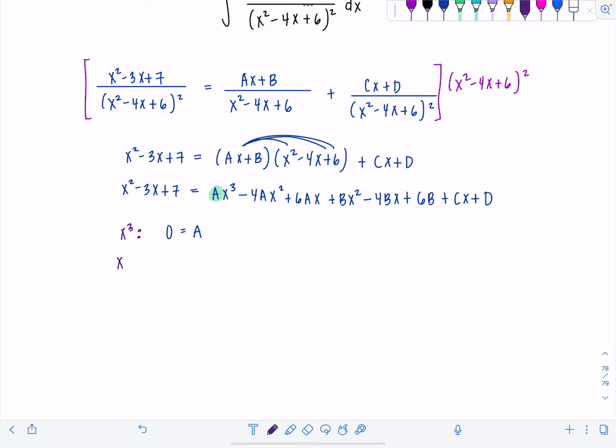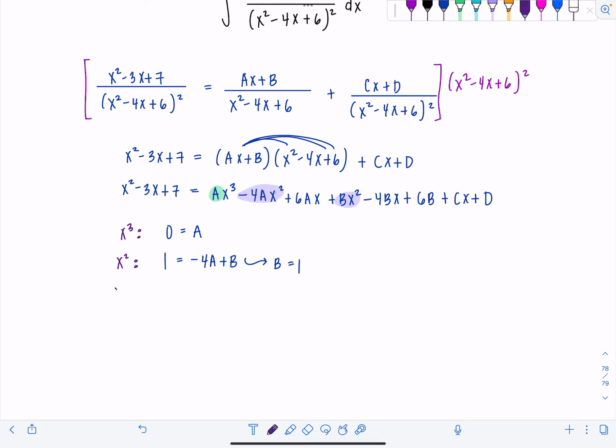Moving on to x squared. What's the coefficient of x squared on the left-hand side of the equation? It's 1, right? There's a 1 in front of the x squared. Okay. What are the coefficients of x squared on the right-hand side? So we've got negative 4a plus b. Well, I've already established that a is 0, so that means b has to be 1.